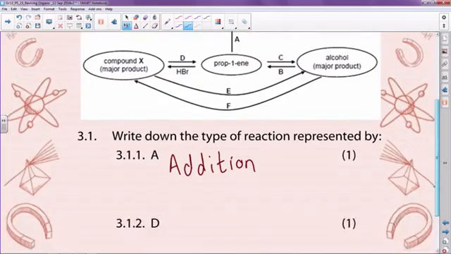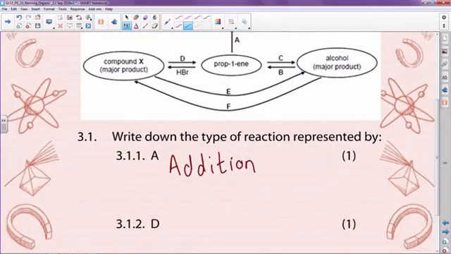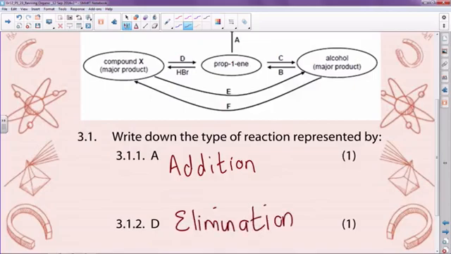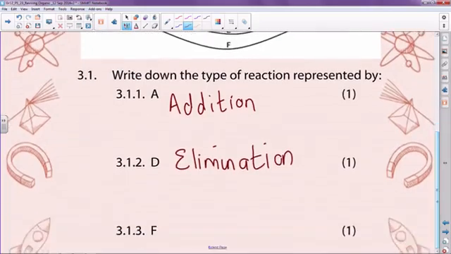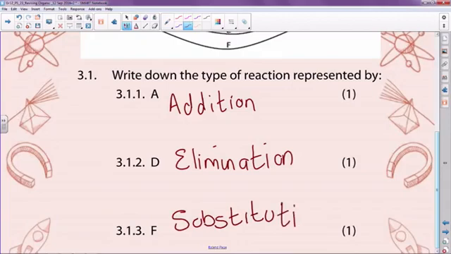Then for D, remember, it's going from the haloalkane to the propene. That's elimination. And then for F, that was going between the alcohol and the haloalkane. We said that was substitution. Keep it nice and simple. Substitution, which apparently I've forgotten how to spell.